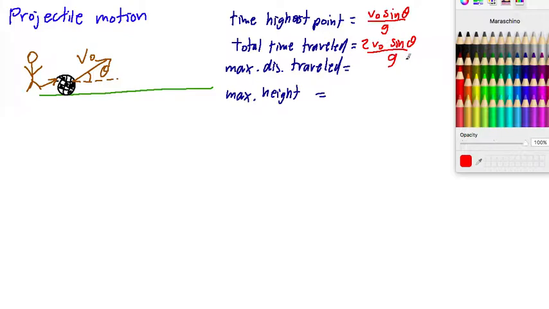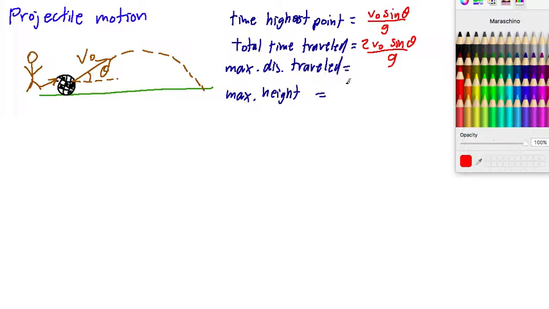Now, these formulas only apply for when your object, in this case a ball, ends up on the same plane field. If you have a cliff, that's different, which is in our future videos, so we're just assuming that it ends up at the same level right now.